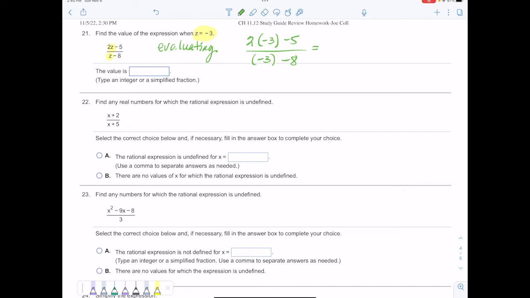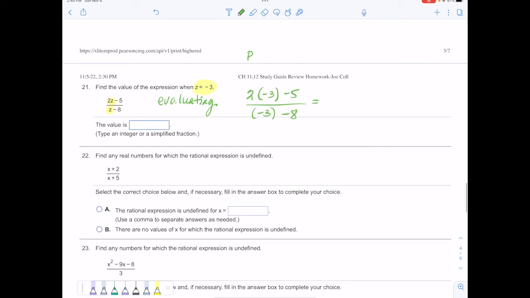Okay, I need to use my order of operations, which remember again is parentheses, exponents, multiply, divide, add, and subtract. So I need to multiply first before I subtract. 2 times negative 3 is negative 6, and I'm just going to bring the negative 5 next to it. And then I have the negative 3 minus 8 in the denominator.